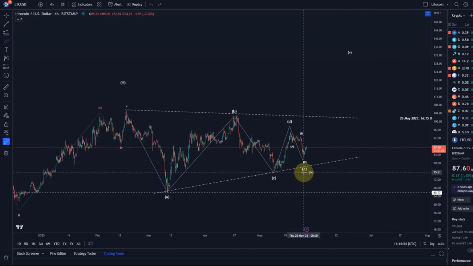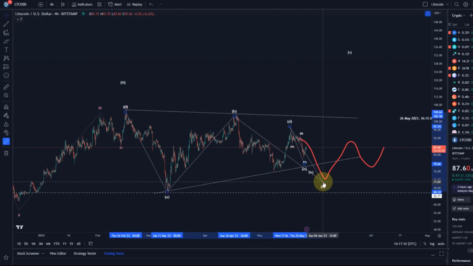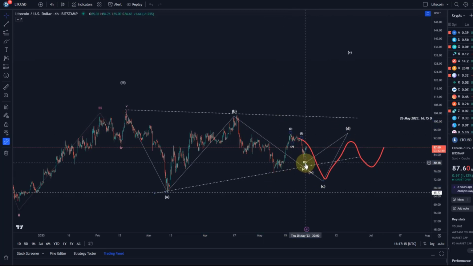Ideally, we are already holding 75.50 because this is the C wave low. So what would happen if we break that level? If we break below that level now, then it still has a chance as a triangle, it could still extend out further, but it would force a relabeling of the count. Yeah, I would have to move the C wave here. That would tell me that likely a D wave is still coming and an E wave.